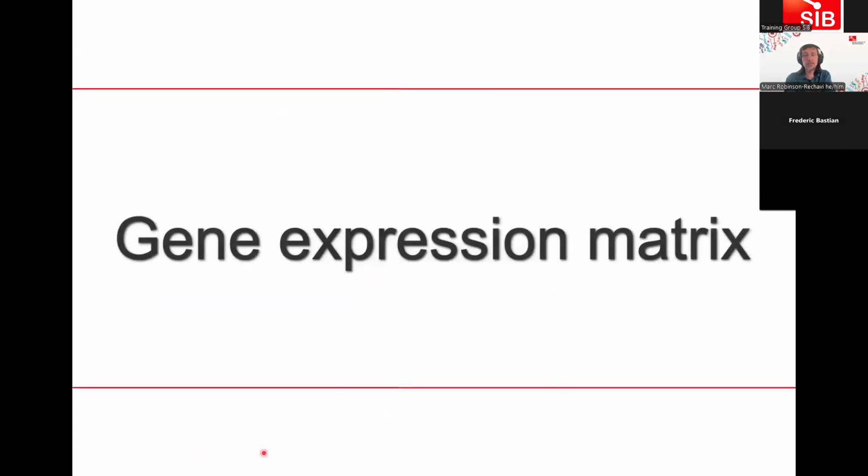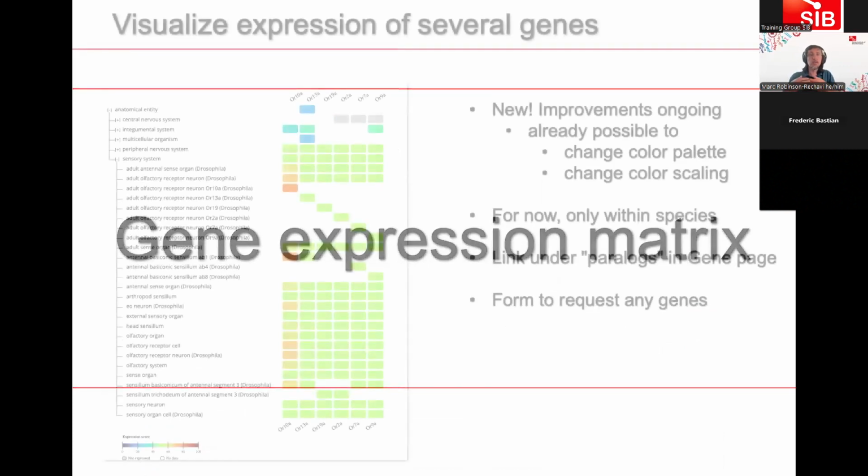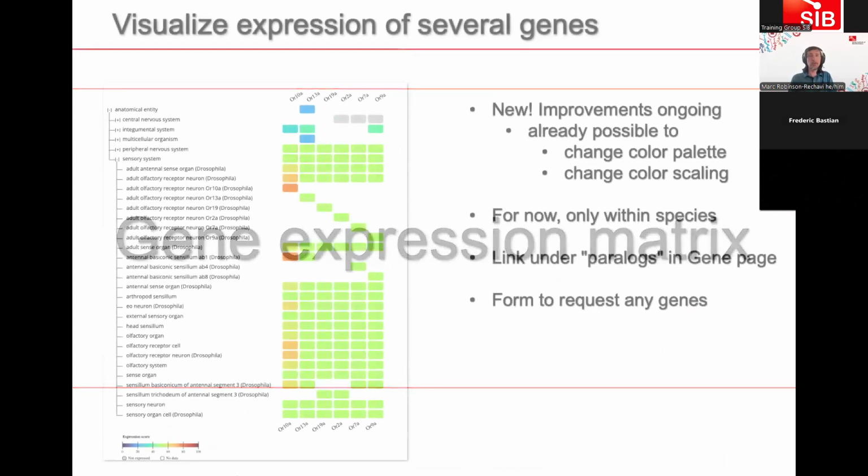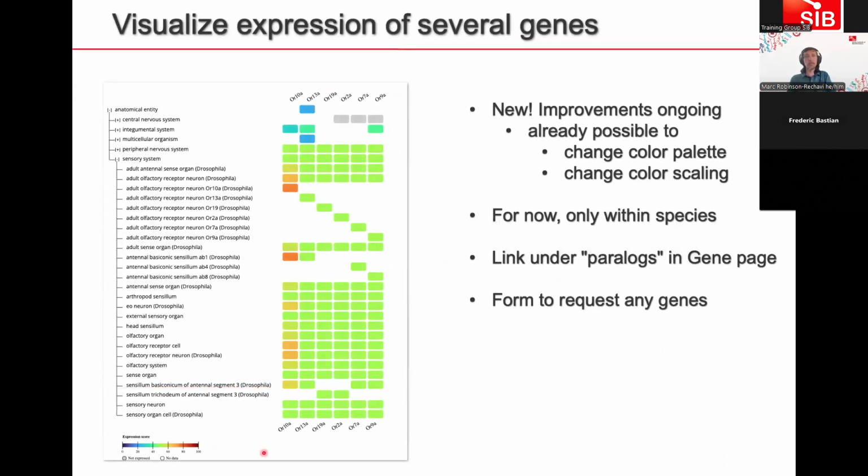Recently, we have added a new feature. This is new to this course and to you because it was put online in Bgee last month. We have a gene expression matrix which allows us to more visually see these comparisons. So here you have different paralogs of olfactory receptors in the fly, Drosophila melanogaster, and you see the anatomical structures where they are expressed.